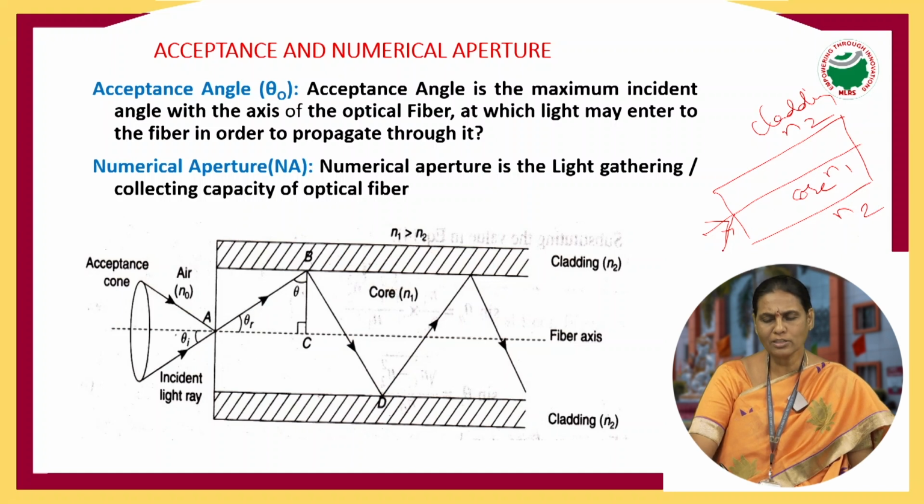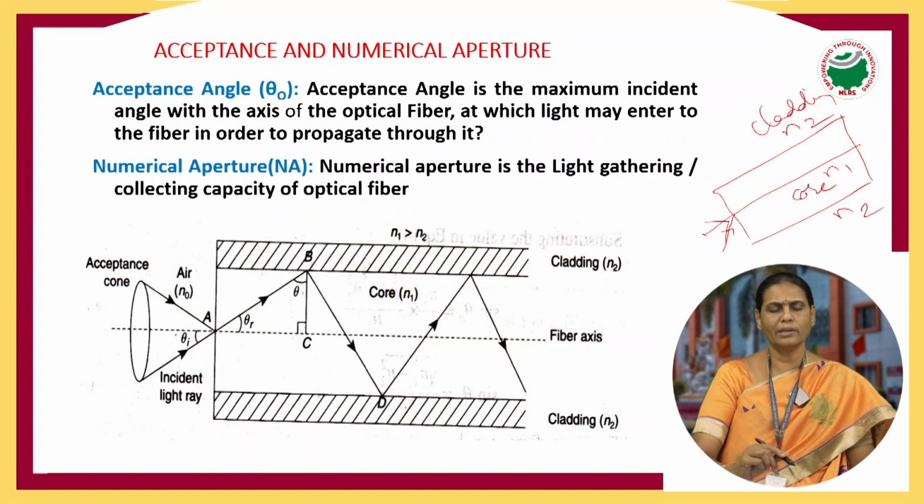Now this hello has to travel inside the optical fiber, that is inside the core medium. So this hello has to be incident at what particular angle of incidence? What should be the particular angle of incidence value in order to make this signal travel inside the core medium? So that particular angle of incidence, we call it the acceptance angle.